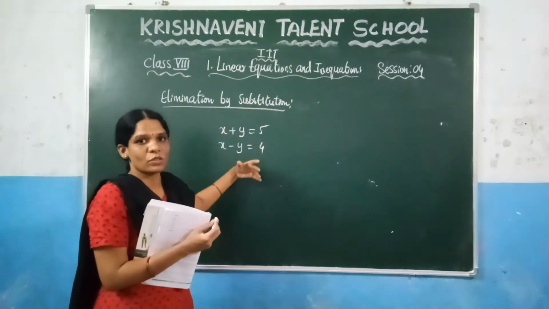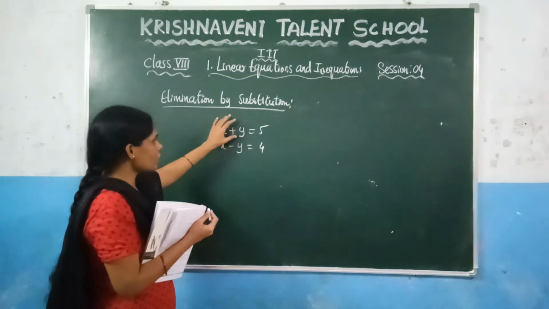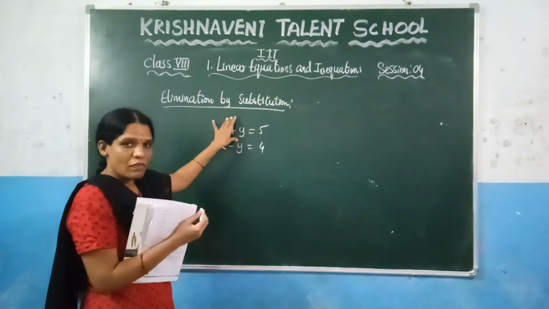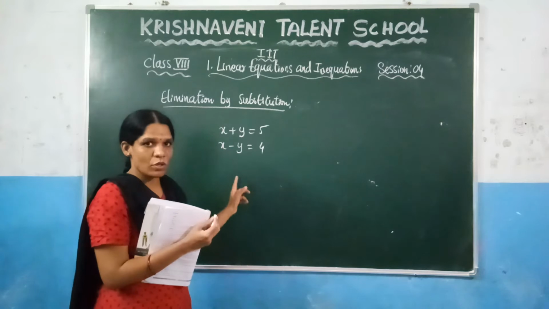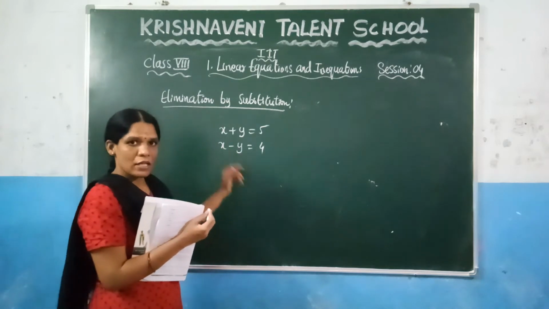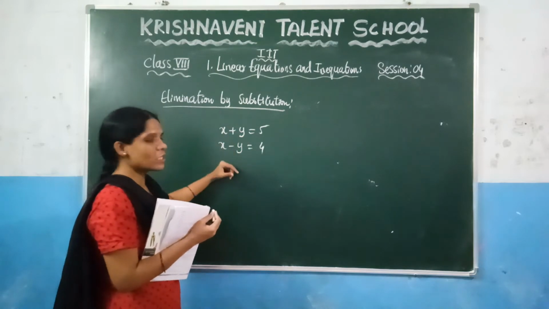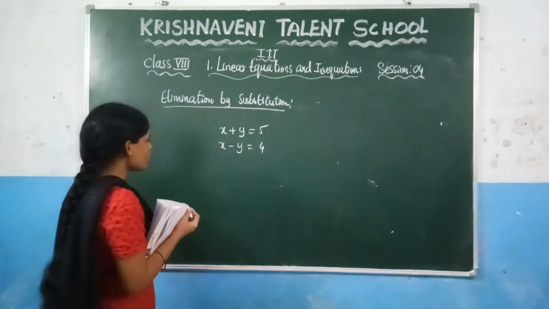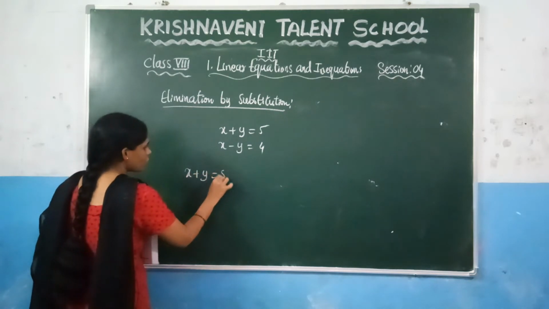You need to substitute one value. In this method, you consider one equation, find the value of either x or y, and then substitute that value in the other equation. Let us consider the first equation, x plus y is equal to 5.